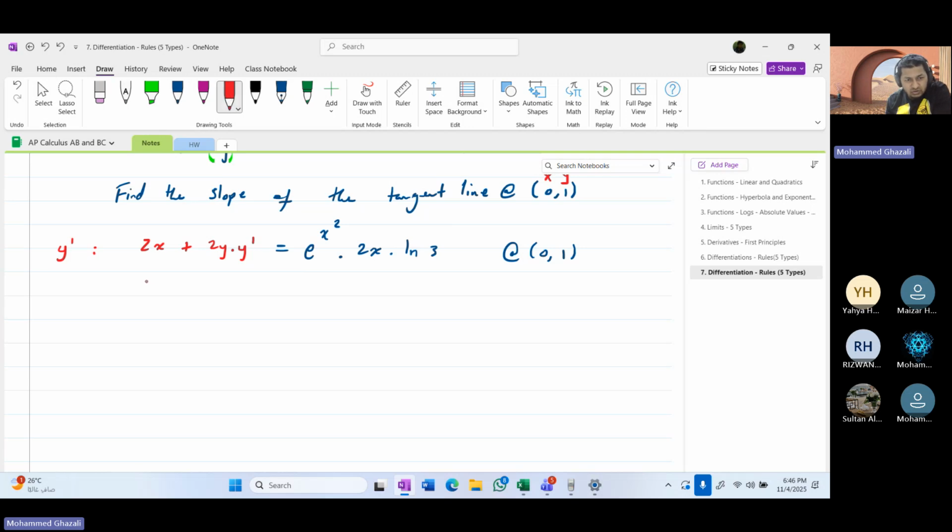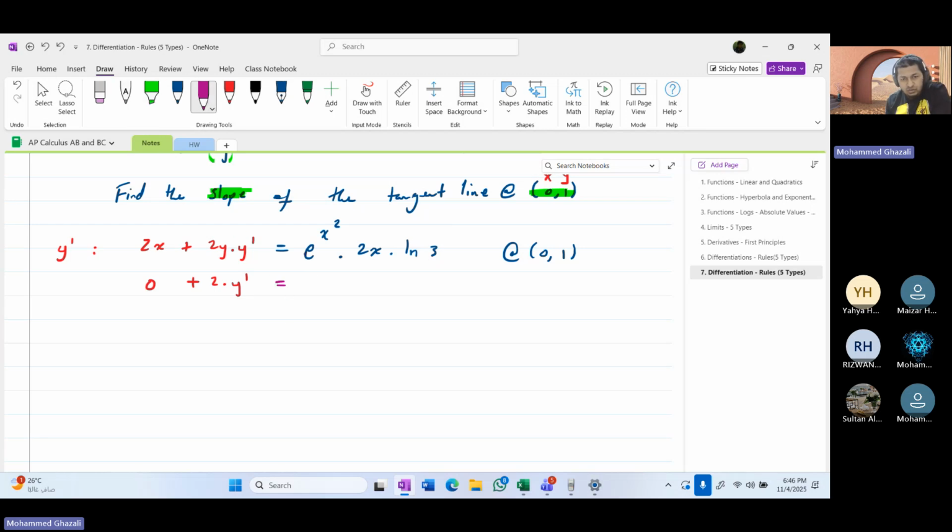Because this is an application-based problem, they did not ask you to find the derivative. They asked you to find the slope of the tangent line. The slope of the tangent line at a point is just substituting the point into the derivative form. You don't have to go and solve for y prime here.